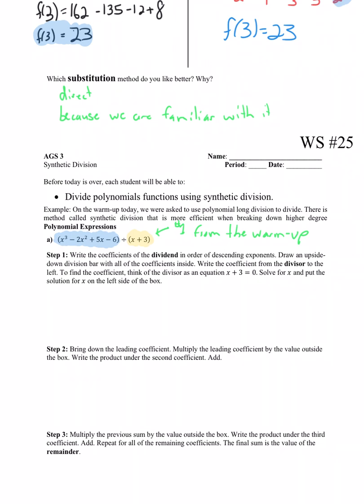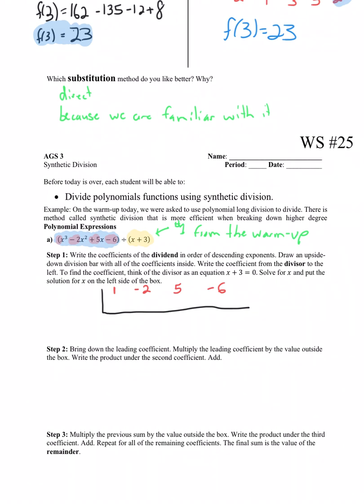So first we're going to do this upside down division bar thing, and then we're going to write down all of the coefficients from the dividend. It's a third degree, so it should have 4 coefficients or 4 terms, and it does. The first coefficient is 1, then -2, then +5, -6.